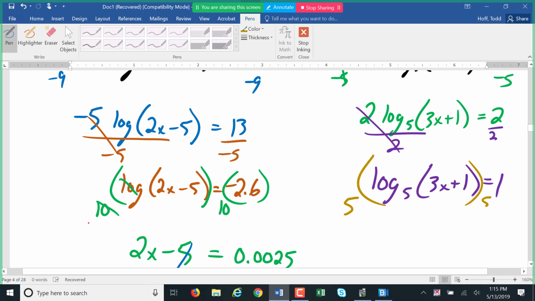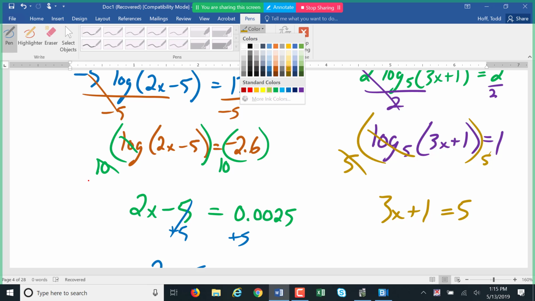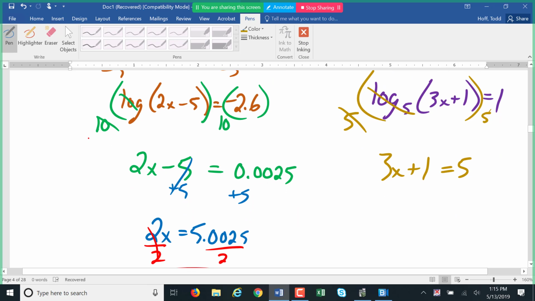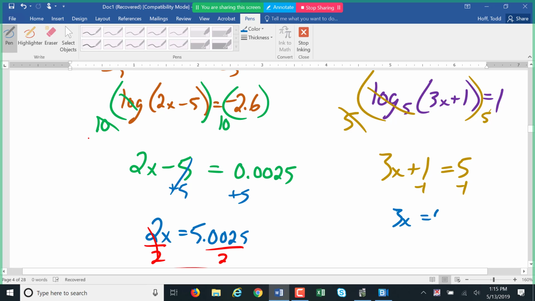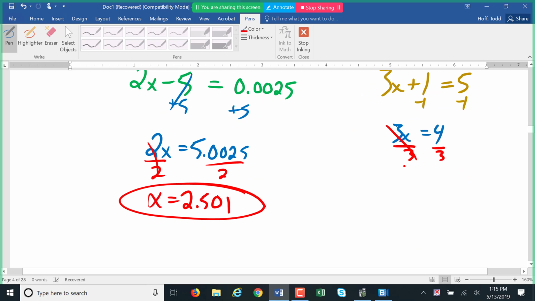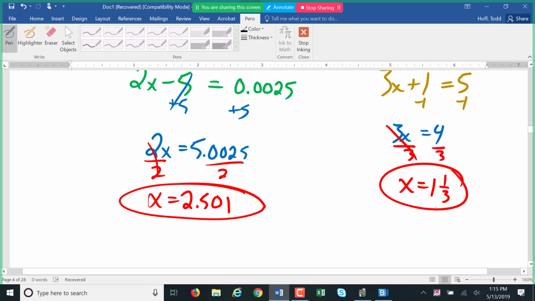So 5 to the power of. So the log base 5 and the base of 5 and the exponent cancel out. 3x plus 1 equals 5 to the power of 1, which is just 5. And then subtract 1. 3x equals 4. And finally, divide by 3. X is 4/3 or 1 1/3. Any questions?